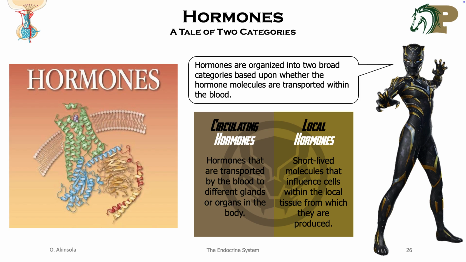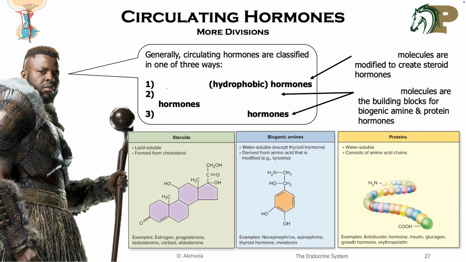Circulating hormones are transported by the blood to different glands or organs in the body, and then local hormones are short-lived molecules that will influence cells within the local tissue from which they are produced. But where we want to focus for the next couple of slides is with our circulating hormones, as they compose the overwhelming majority of hormones in general.